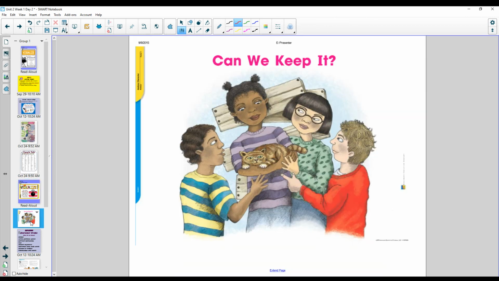In this picture, we can look at the characters or the people who are in this picture, and we can see by what they're doing their character traits. So I noticed this girl with the purple striped shirt on. She has dark hair. She's holding a cat.